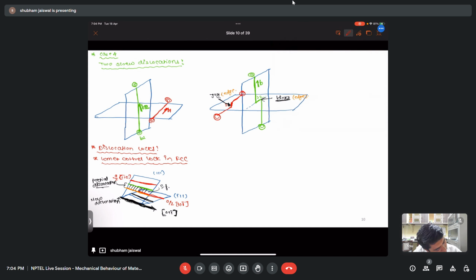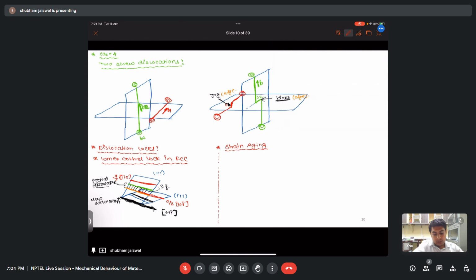So this was about the dislocation locks. Then we have seen the concept of strain aging. It is generally observed in the medium carbon steel.